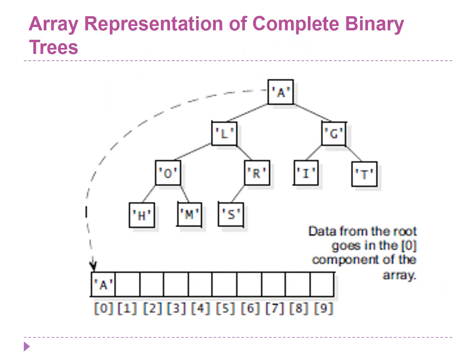Consider the complete binary tree given here. The root stores the data A. In the array representation, the value of A goes to index 0 of the array.